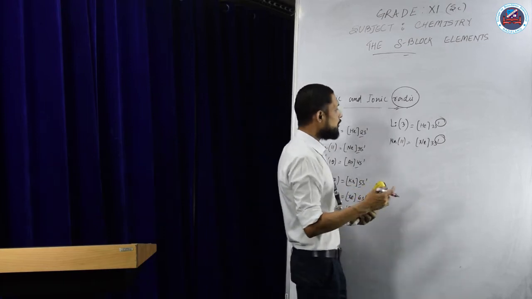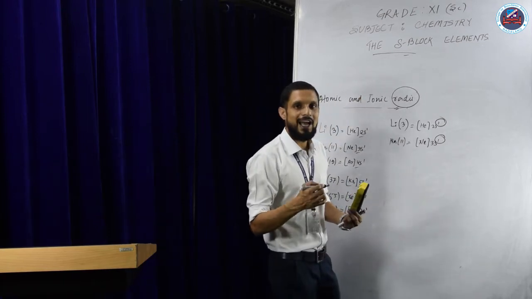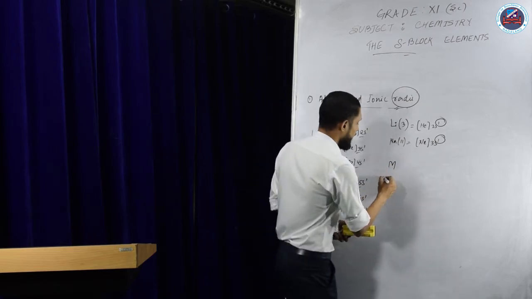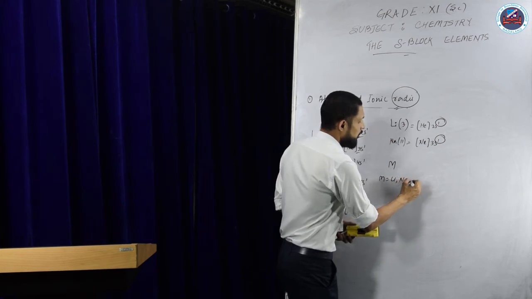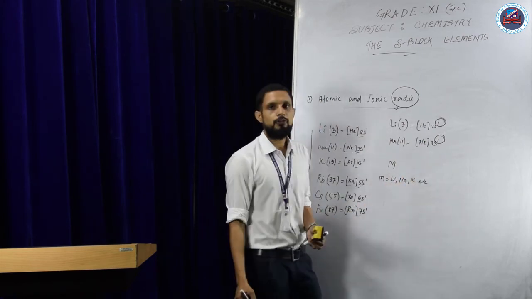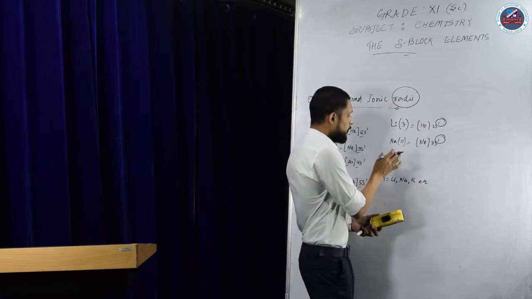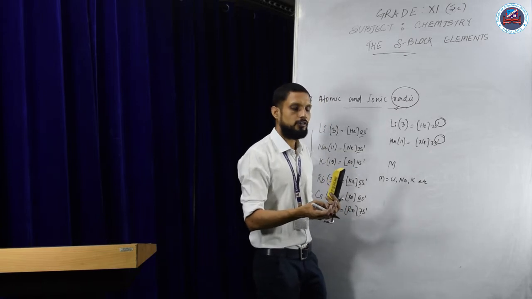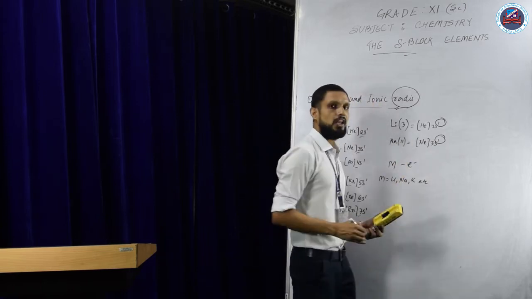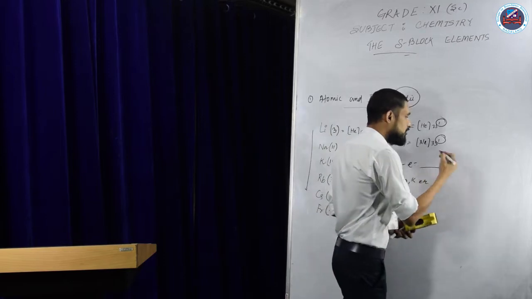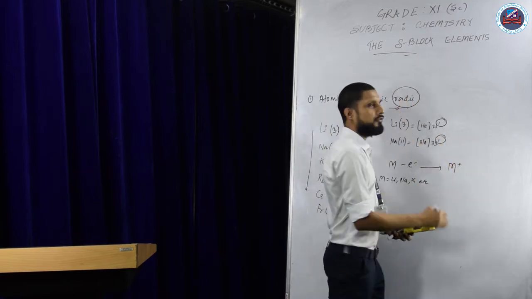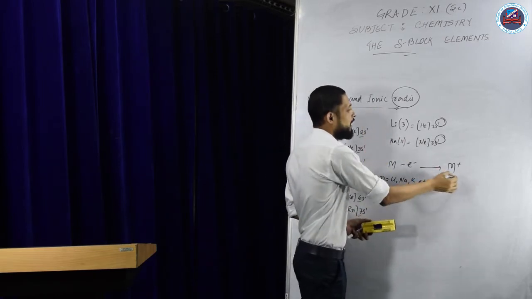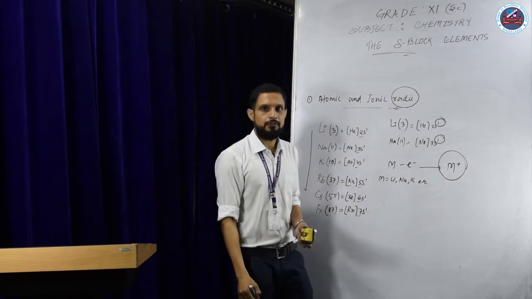So if M represents a group 1 element, where M can be lithium, sodium, potassium, rubidium, cesium and francium, then to attain the nearest inert gas configuration, the alkali metal needs to lose one electron. And if it loses one electron, it will gain charge. What kind of charge? Positive charge. So the ionic form of group 1 element is unipositive.